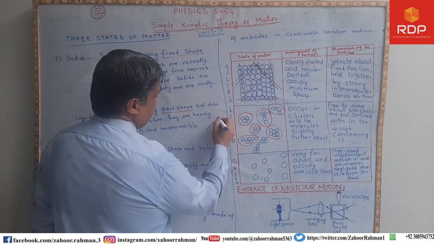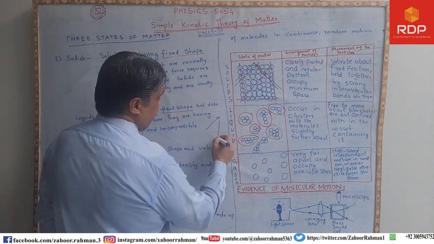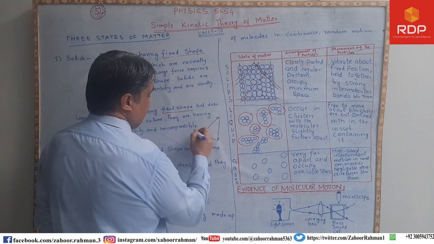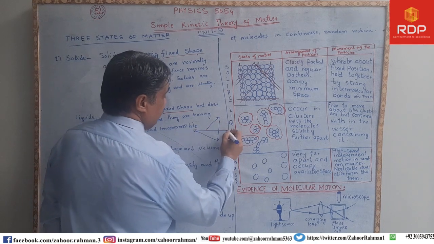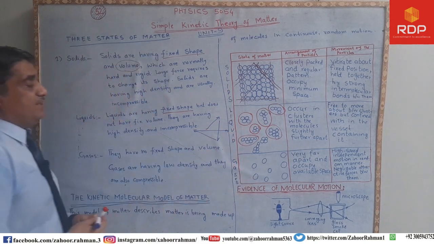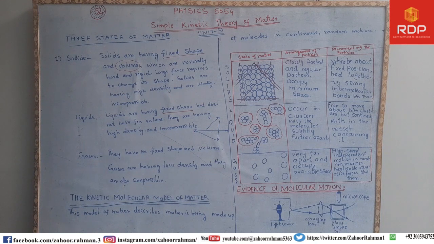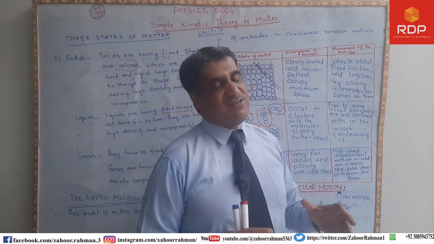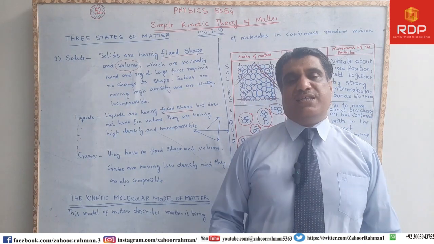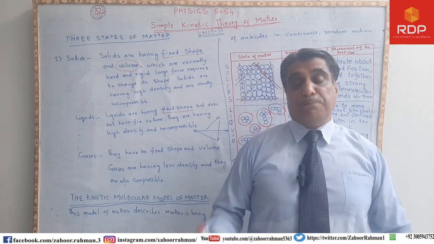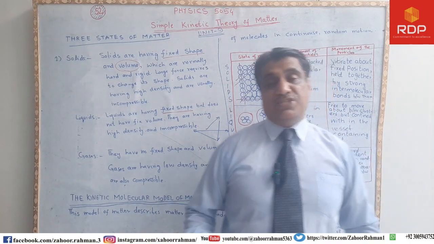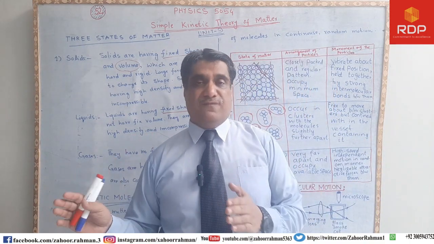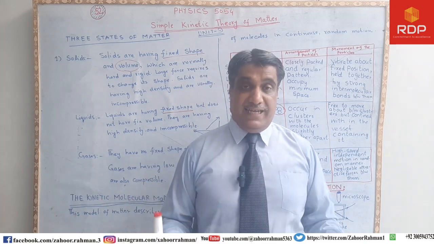One is moving like this, then it is moving in this direction, then in this direction. So the molecules are moving randomly and they are striking with each other, putting pressure on each other and on the walls of the container.